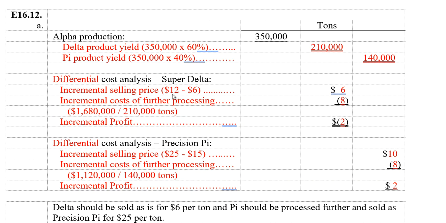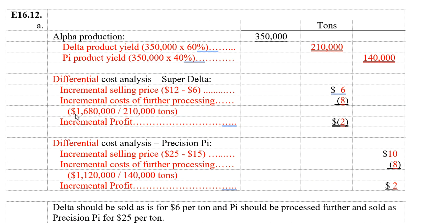So if we process delta into super delta, then it can be sold for $12. But if we just leave it at delta, it can be sold for $6. So the additional revenue from processing to super delta would be $6 per ton.